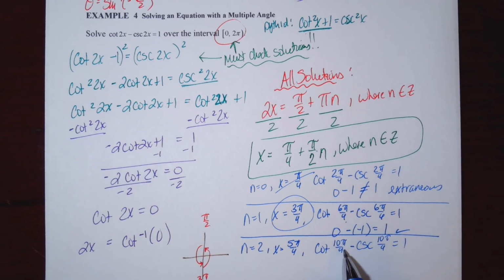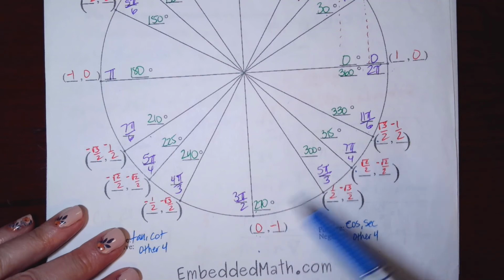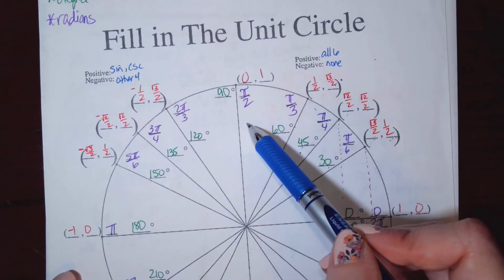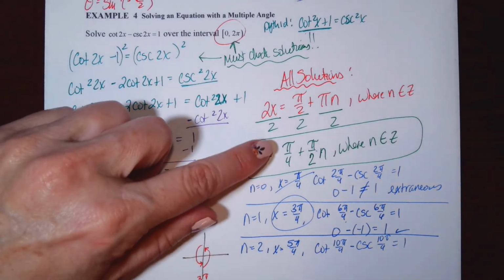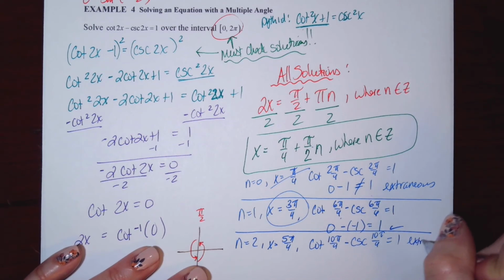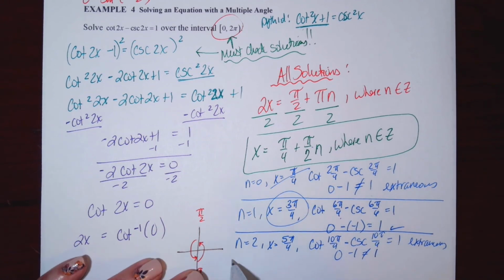Well, 10 pi fourths is 5 pi halves. Where is 5 pi halves? 1 pi half, 3 pi halves, 5 pi halves is right back up here. And we just showed that when I landed there, that was extraneous. So that's going to be extraneous again. I'm going to get 0 minus 1 equals 1, which is not true.